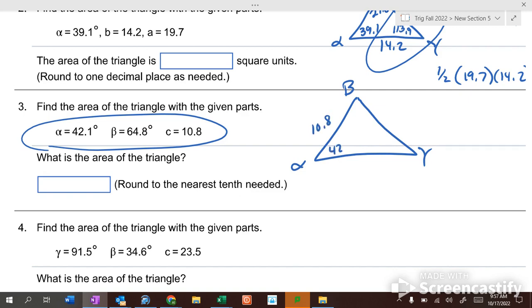We know 42.1. We know 64.8. So then what does gamma have to be? 73.1. So then you use law of sines to figure out one of these sides and then go side angle side for it. Okay? All right.